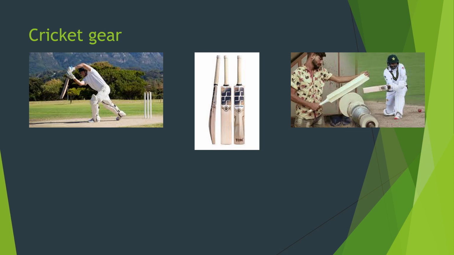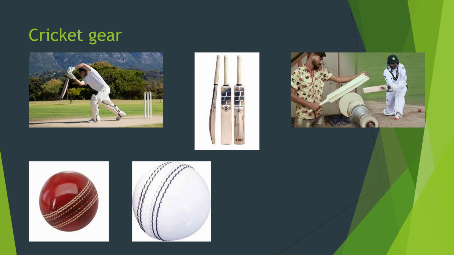The shape of the bat has also remained pretty much identical, though the bats are more compressed and heavier these days. But compared to how the bats in a game like baseball have evolved, the cricket bat has been pretty much the same traditional kind all through the history of cricket.